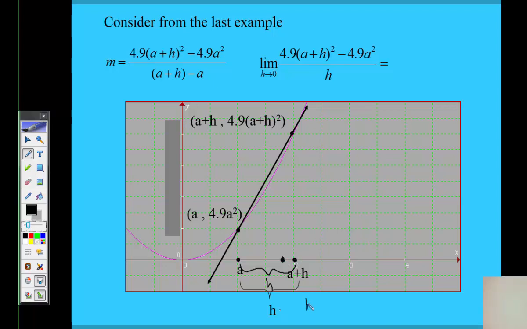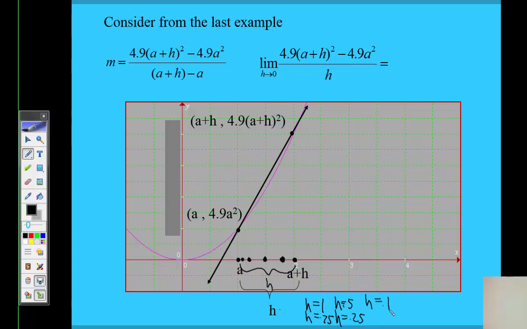At this point right here, h equals 1. Now if I move the point here, it looks like h equals 0.75. Now if I move the point here, h equals 0.5. If I move the point here, h equals 0.25. If I move the point here, maybe h equals 0.1.